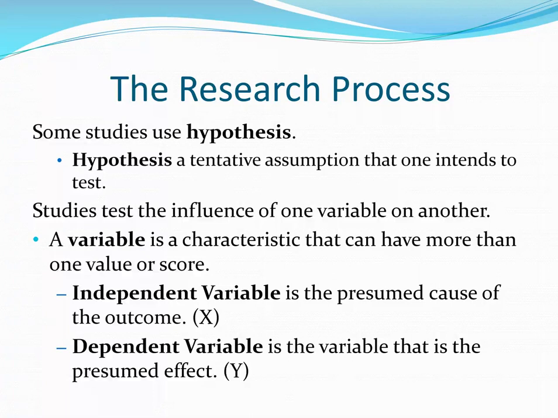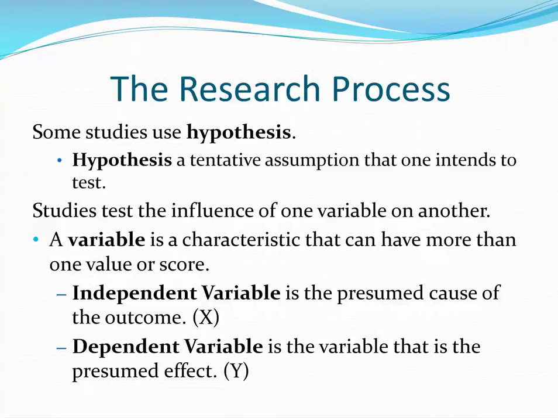And then from there, I would look at my variables. A variable is a characteristic that can have more than one value or score. You normally have an independent variable and a dependent variable. So in this case, remember my hypothesis is that students who study more than 3 hours will pass the exam. My independent variable would be how many hours you studied, and my dependent variable would be the exam score.